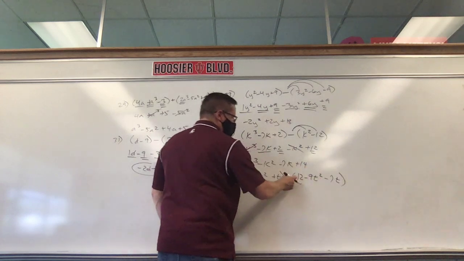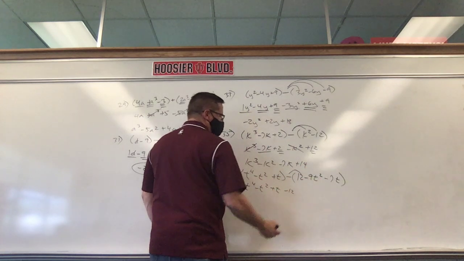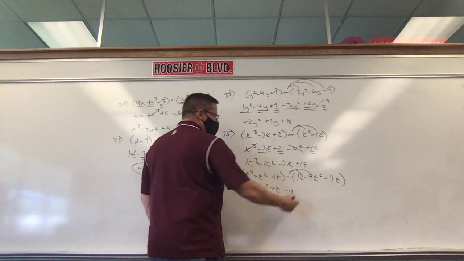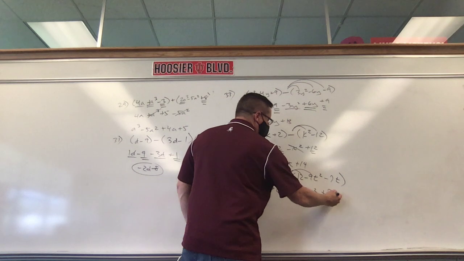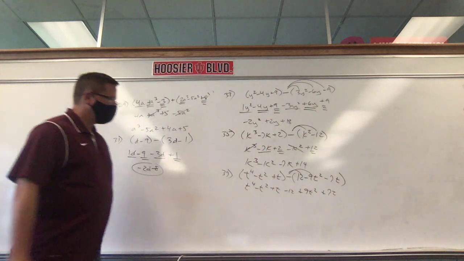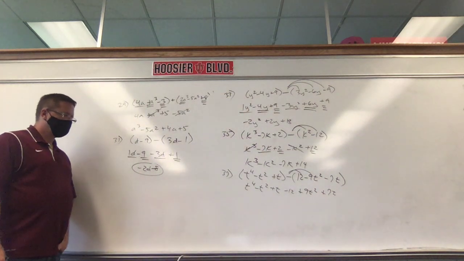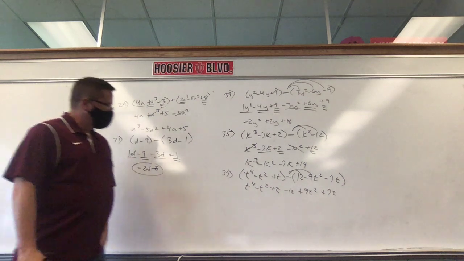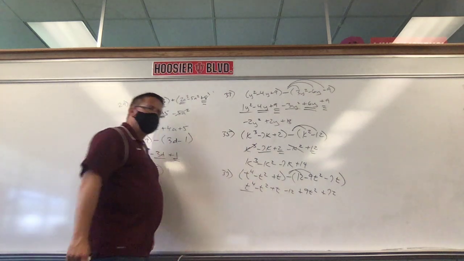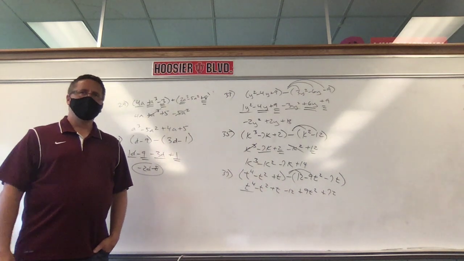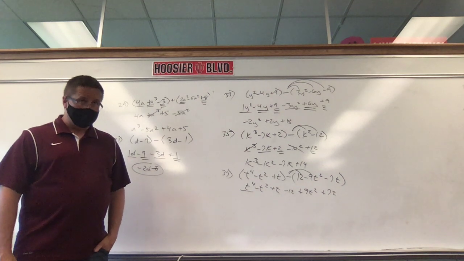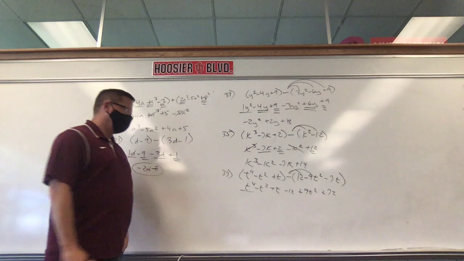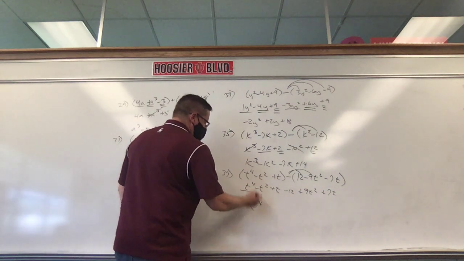Distribute the negative sign. 12 turns into negative 12. Negative 9t squared turns into positive 9t squared. Negative 7t turns into positive 7t. Should I look at this one first? No, it's not because it's first, it's because it's the biggest power. It has the highest power. What can I put with it? Absolutely nothing.